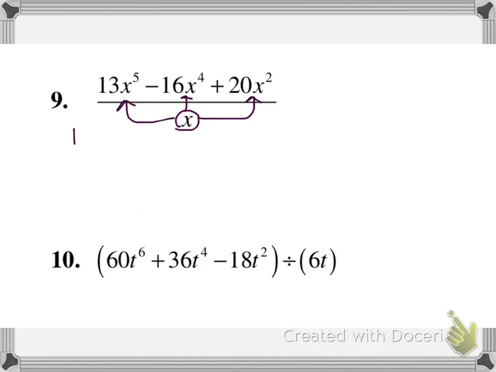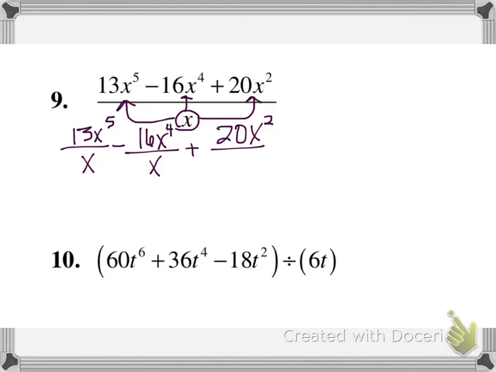So if you want to rewrite it, you can as 13x to the 5th over x minus 16x to the 4th over x plus 20x squared over x. So this is actually what we're going to be doing math-wise. You don't have to rewrite it like this if you don't want to, but sometimes it just helps to visually see it. Now simplify each one of these individually.